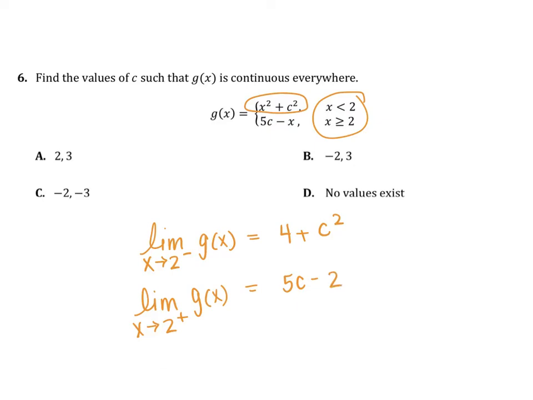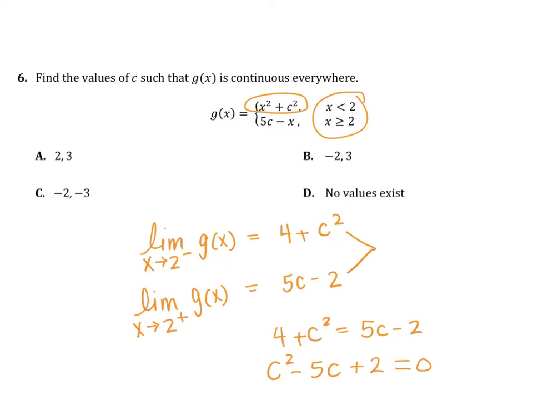And now in order for this to be continuous, our limits have to exist, and those limits have to be set equal to each other. So for this one, we're going to set 4 plus c squared equal to 5c minus 2. And if we go ahead and rearrange this, we have c squared minus 5c, and then plus 2 equals 0. And so this turns into a nice factoring problem.